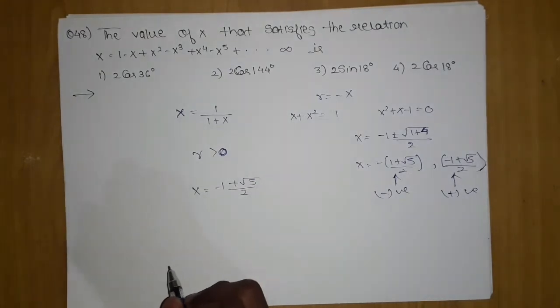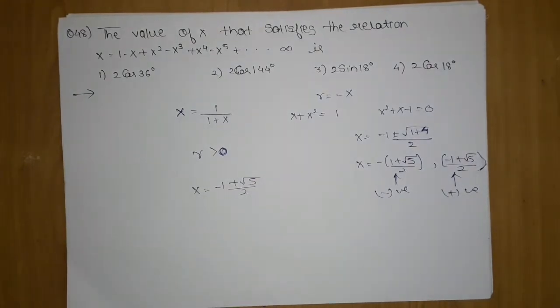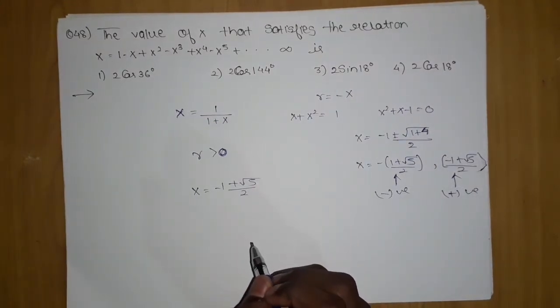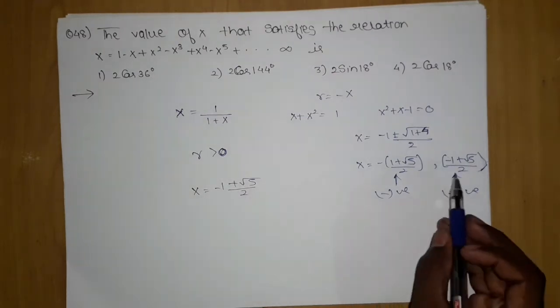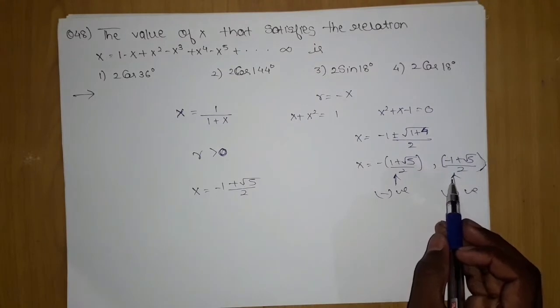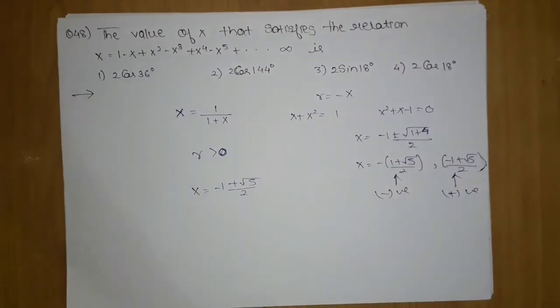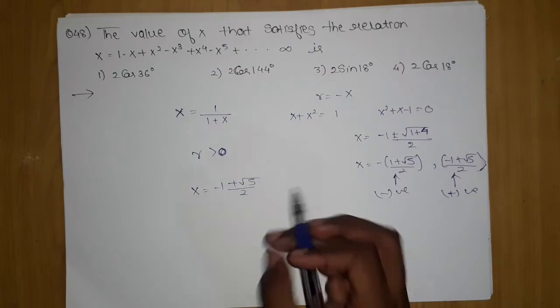If we observe one more thing, which is very simple, that this is the x value, but our answer is in sine 18, and sine 18, if I remember, is not this, it should be 4.